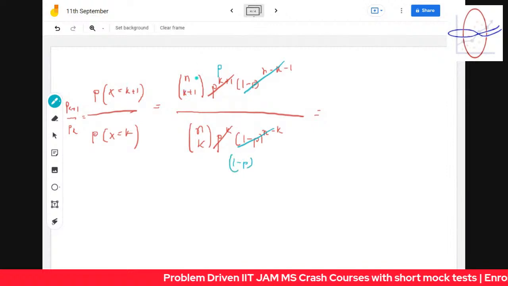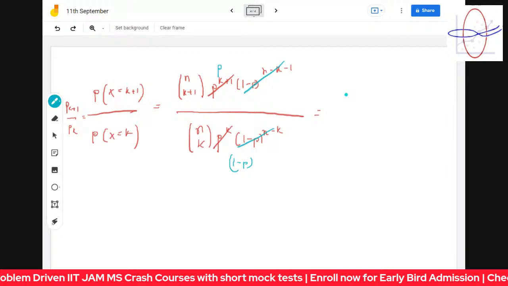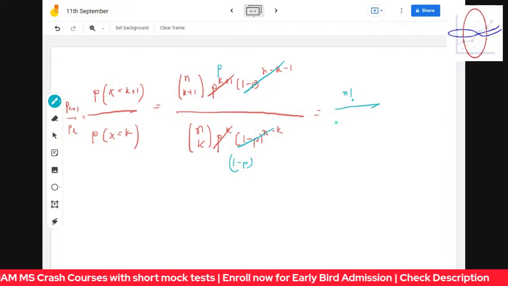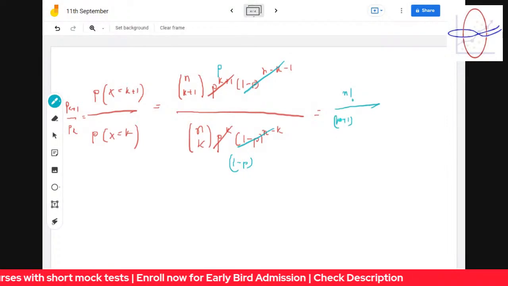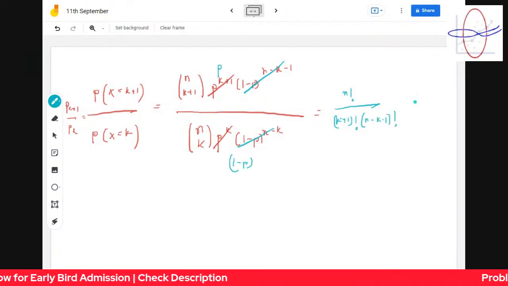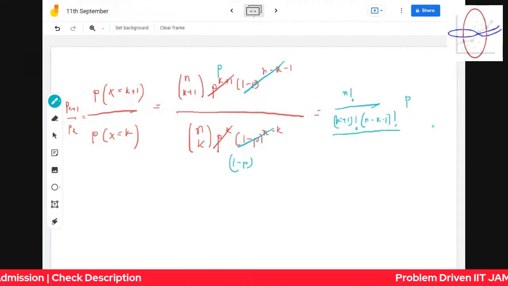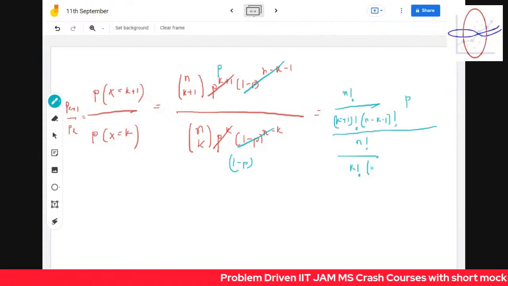Let's expand that now. N factorial by (k plus 1) factorial by (n minus k minus 1) factorial, into p, divided by n factorial by k factorial into (n minus k) factorial into (1 minus p).